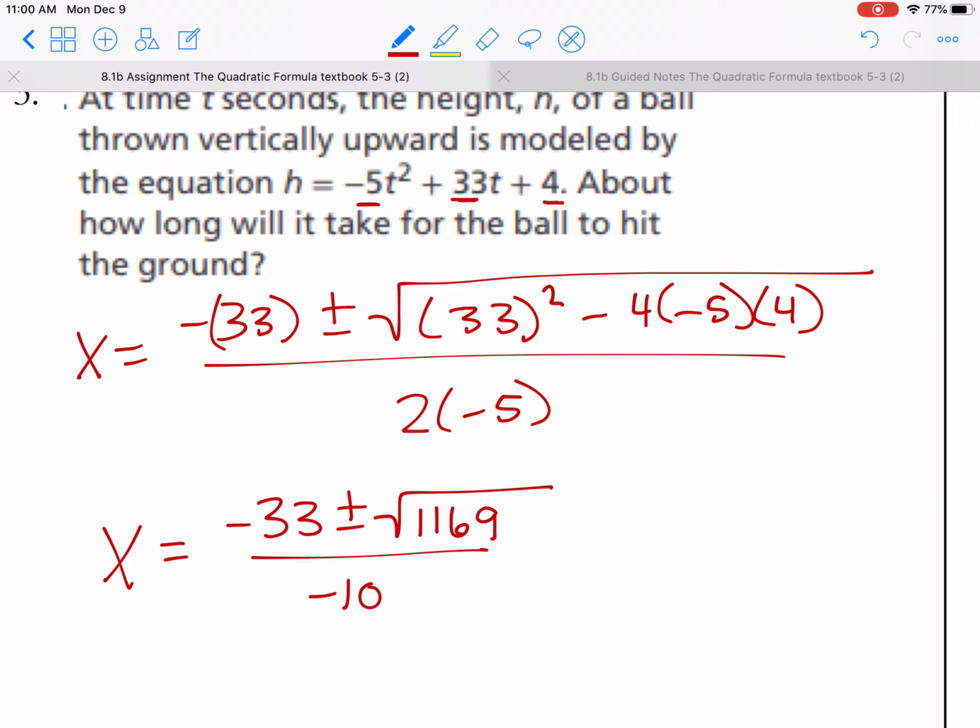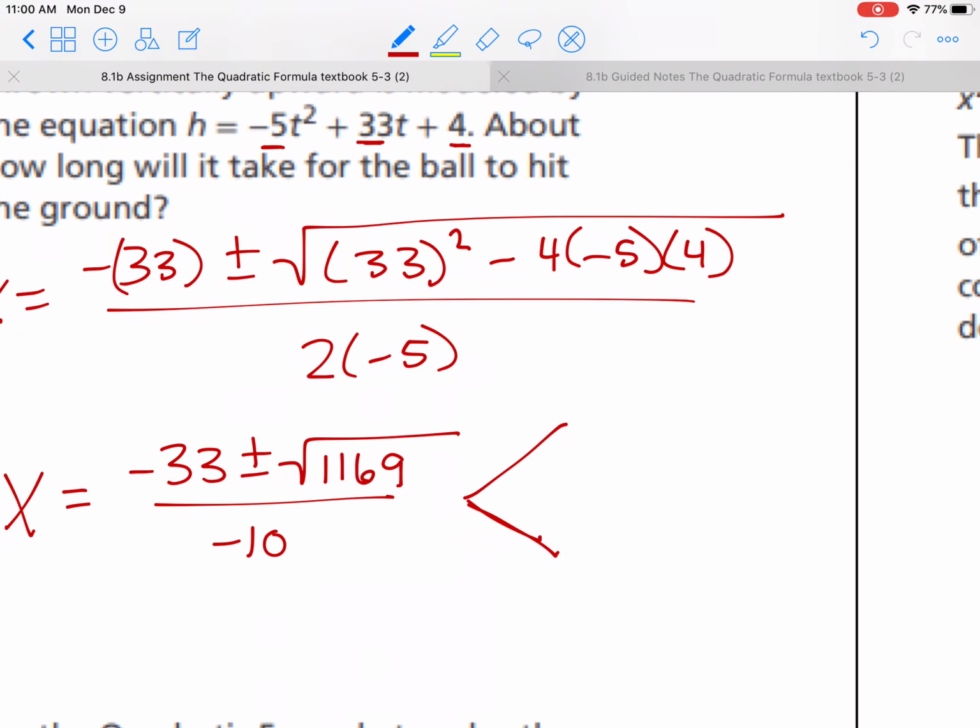For a story problem, they generally want a decimal approximation rather than a simplified radical answer. So we'll give a decimal approximation. In one case, we're looking at negative 33 plus the square root of 1169 all over negative 10.